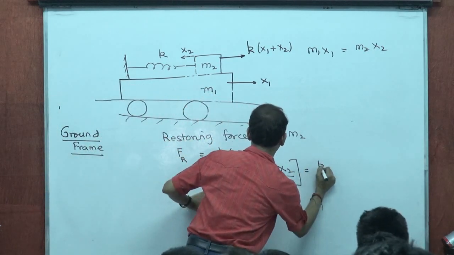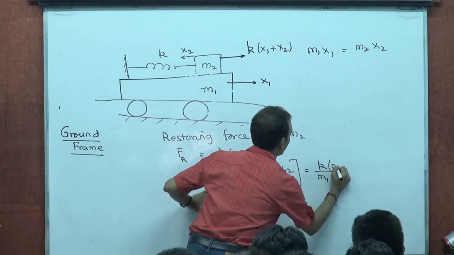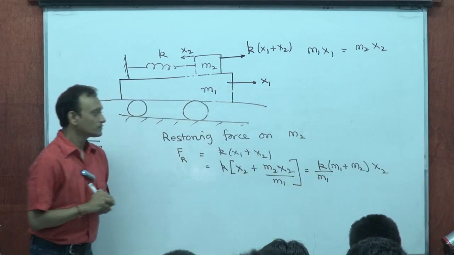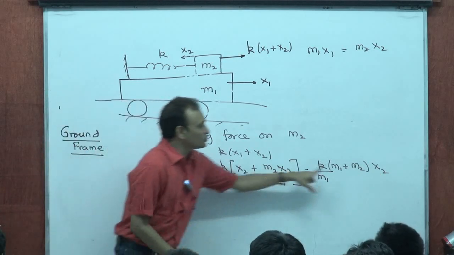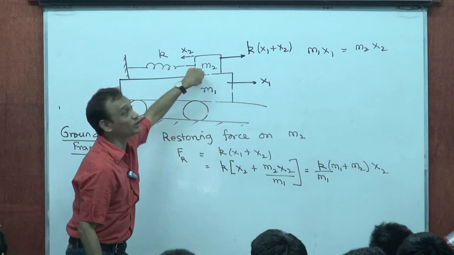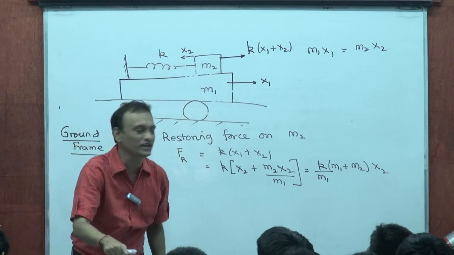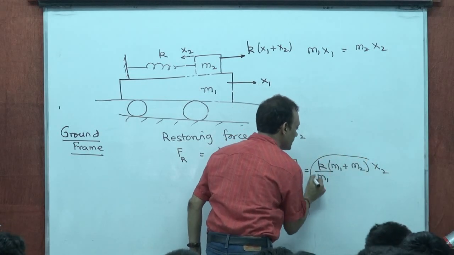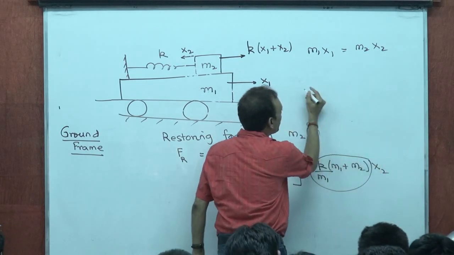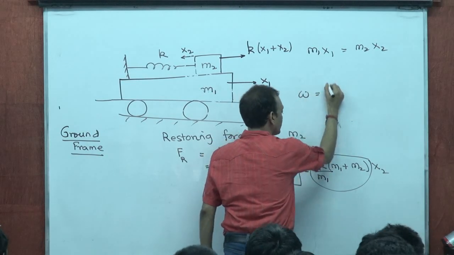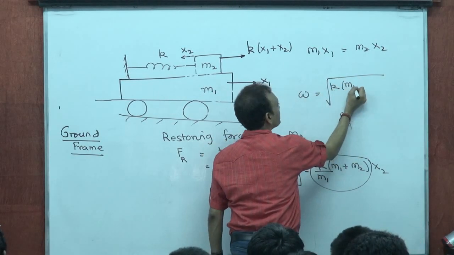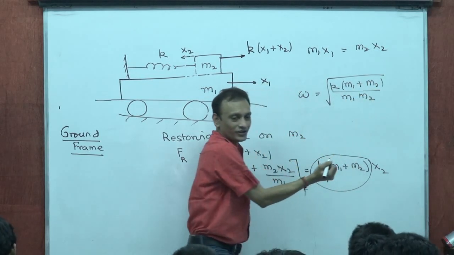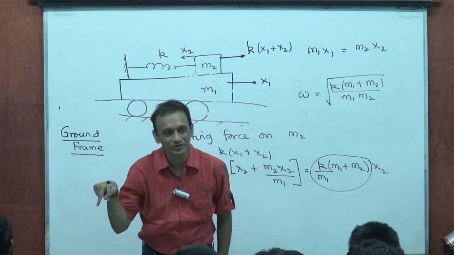Which is the same as k by M1 into (M1 plus M2) into x2. That's a restoring force proportional to the displacement from the mean position. So the motion of M2 must be simple harmonic, right? With the equivalent force constant for the system being this. The omega of oscillation then would be root of k (M1 plus M2) by M1 M2, which is root k by mu. Root k by mu.